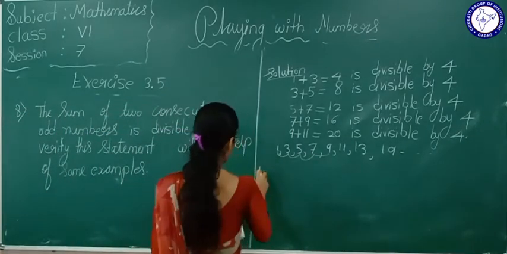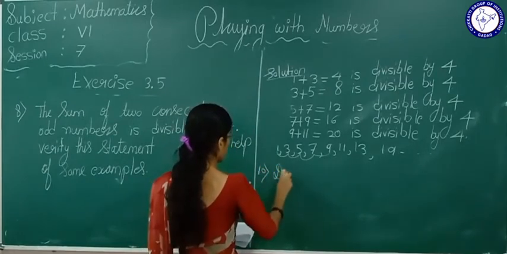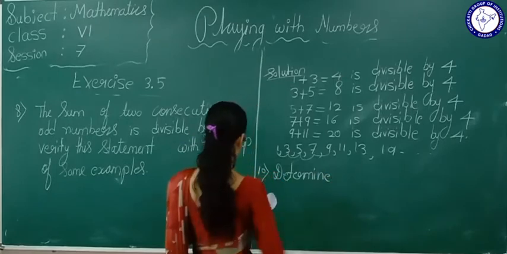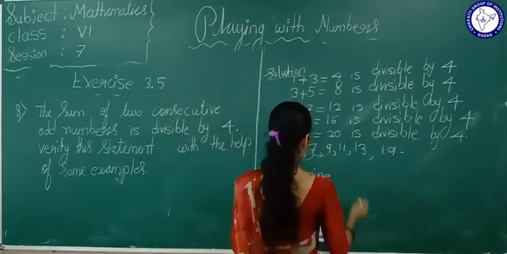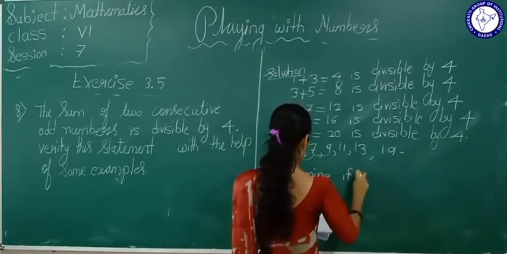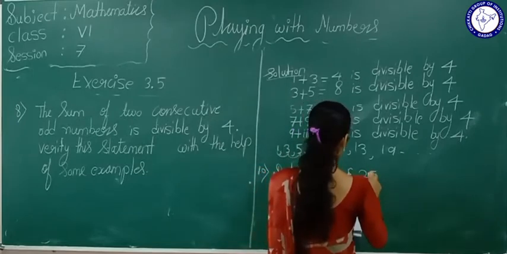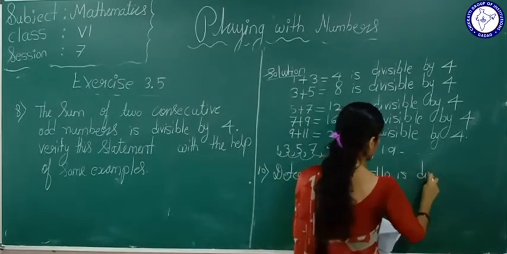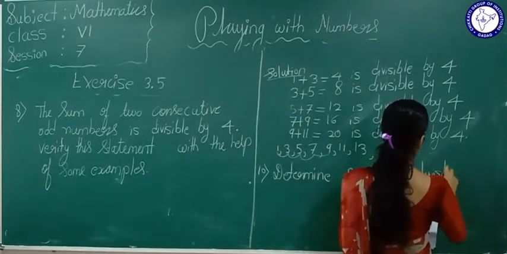So the 10th one they have given: determine if 25,110 is divisible by 45.